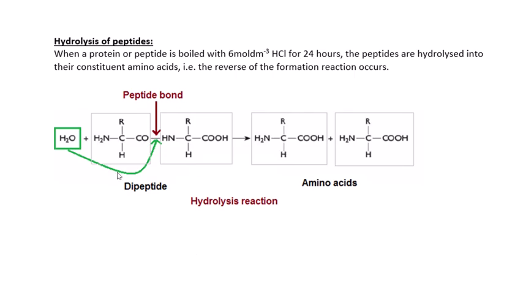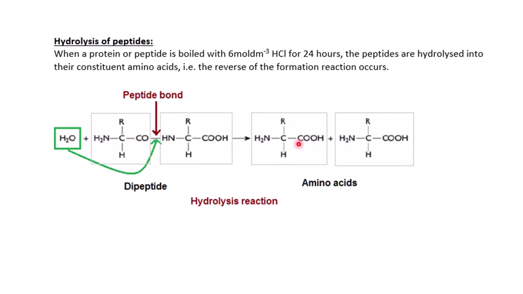To reverse the reaction that we've just seen, we formed the dipeptide by eliminating water, a condensation reaction. The reverse would be hydrolysis, water splitting, so using water to split the bond. The peptide bond is the C double bond O, NH, and water would go in and break that bond.